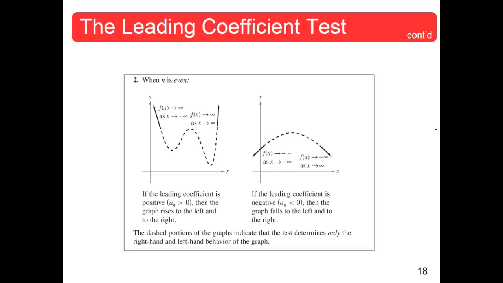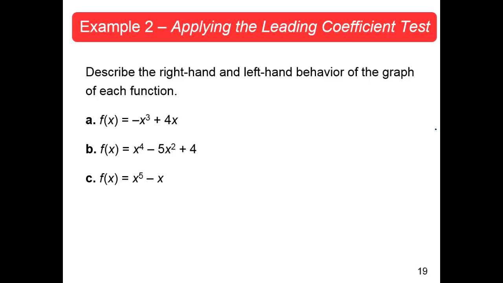Sorry, I've got hiccups. So that's page 125, leading term test. They call it leading coefficient test. Here's example 2. Describe the right hand and the left hand behavior of the graph of each function. So how am I going to write this? Maybe something like this.